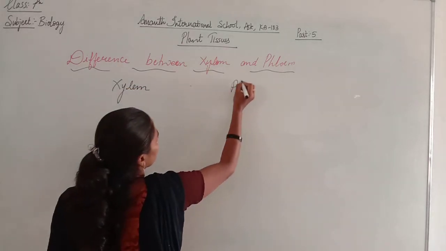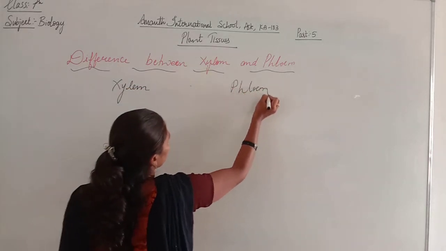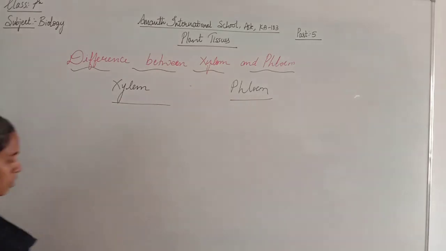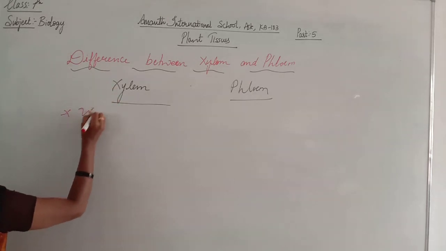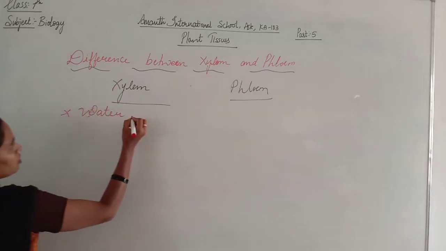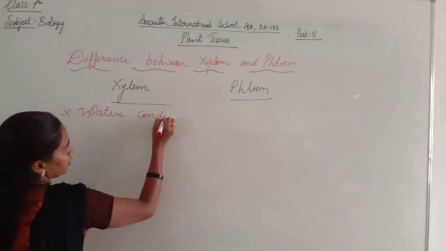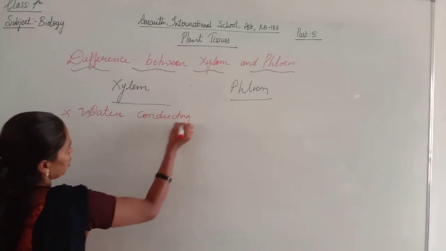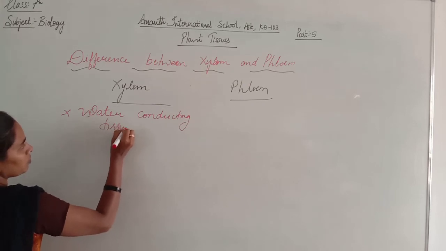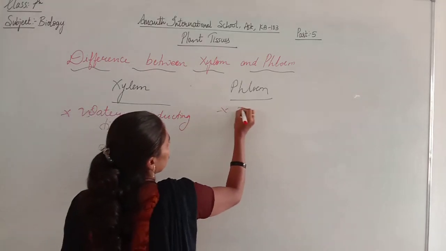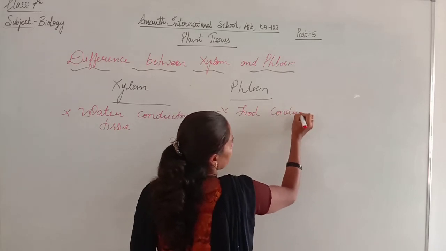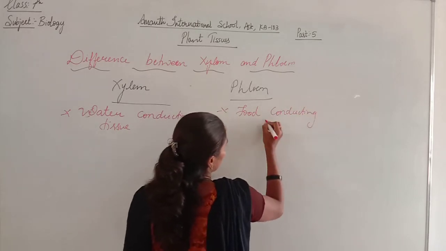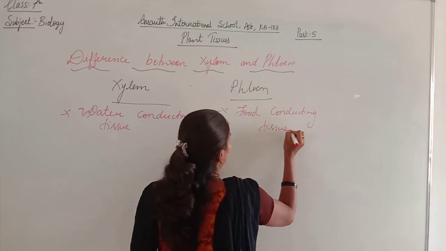The first difference is that xylem is a water conducting tissue, whereas phloem is a food conducting tissue. This is the first difference between the xylem and the phloem.